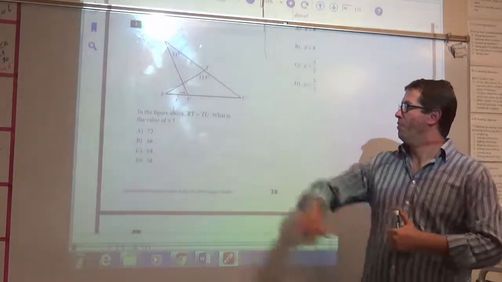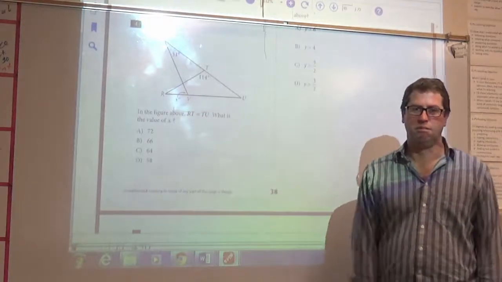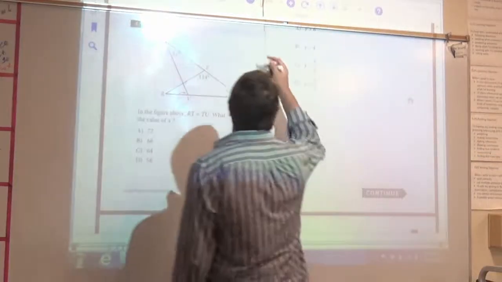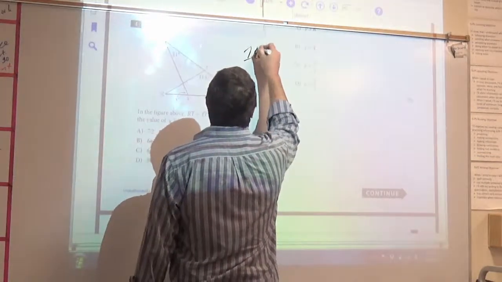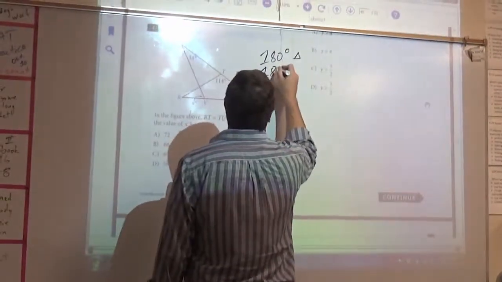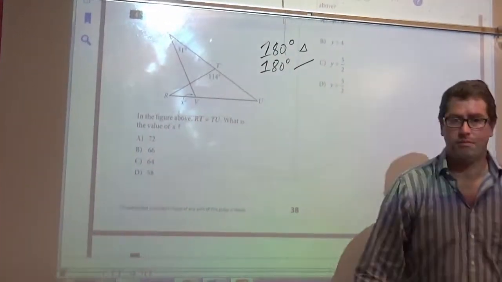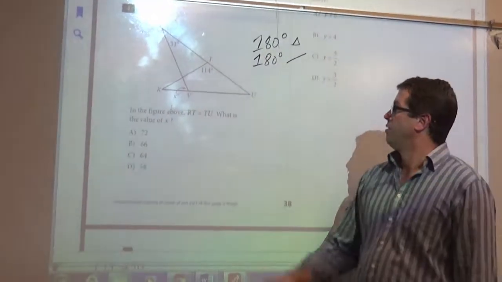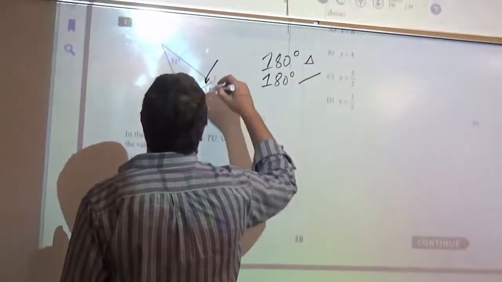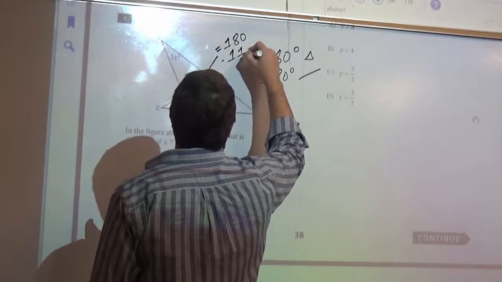Alright, so number 4. In the figure above, RT equals TU. What is the value of x? A couple things we need to know on this one. 180 degrees in a triangle. 180 degrees in a line. So if there's 180 degrees in a line, this is going to equal 180 minus 114.